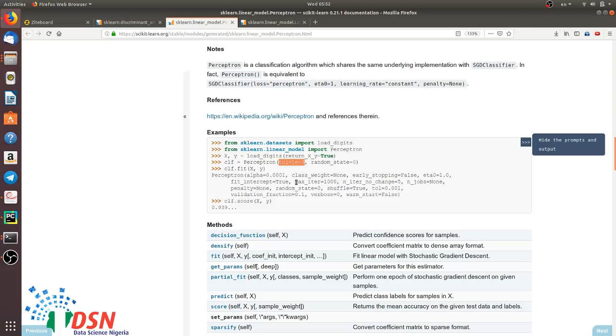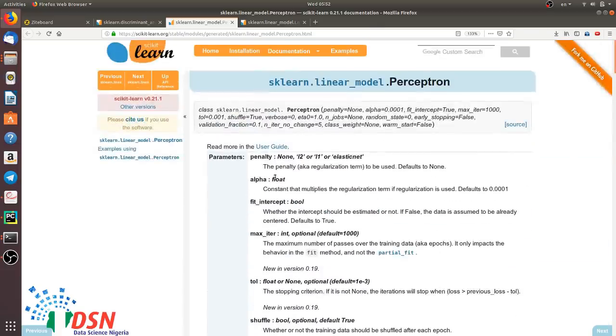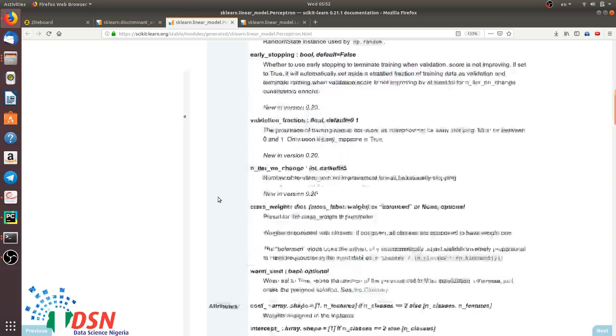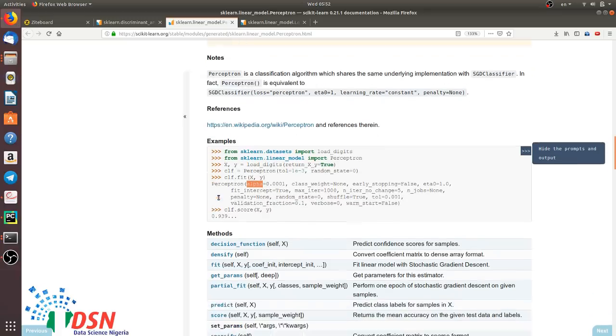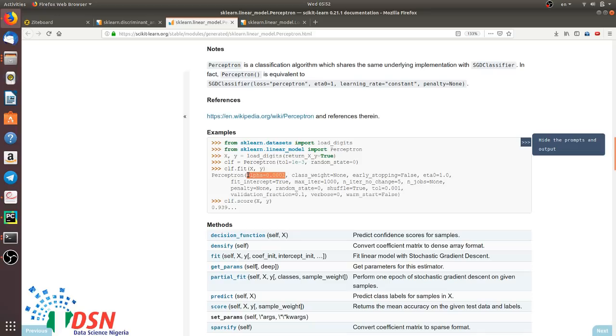Okay, and also there are some other parameters like alpha. Actually you could read that from here. It is the regularization term. Perceptron in scikit-learn is implemented with a regularization term, so you could set a regularization factor for that, okay?